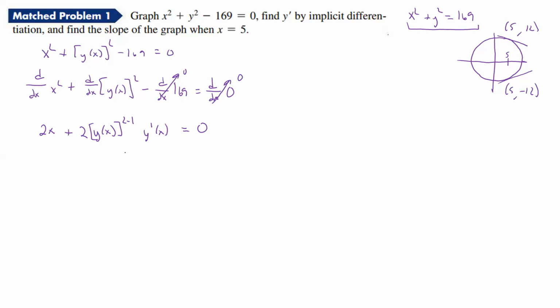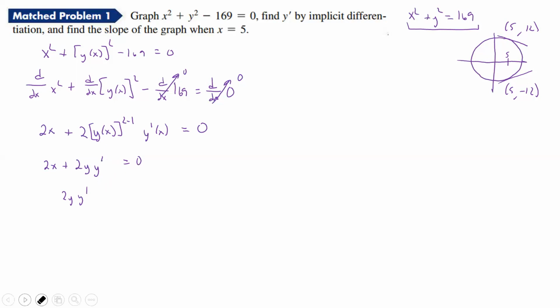All right, now let's go back and put it in the format where we have just y's instead of the y of x. So if we do that, that gives us 2x plus, now this is y of x to the 1 power, so that's going to be a 2y, times y prime of x, equals 0. Okay. Now we want to find the derivative, so we want to solve this for y prime. So we're going to take 2x to the other side, so we'll have 2y, y prime, and I didn't really want that y of x there, but let's erase it.